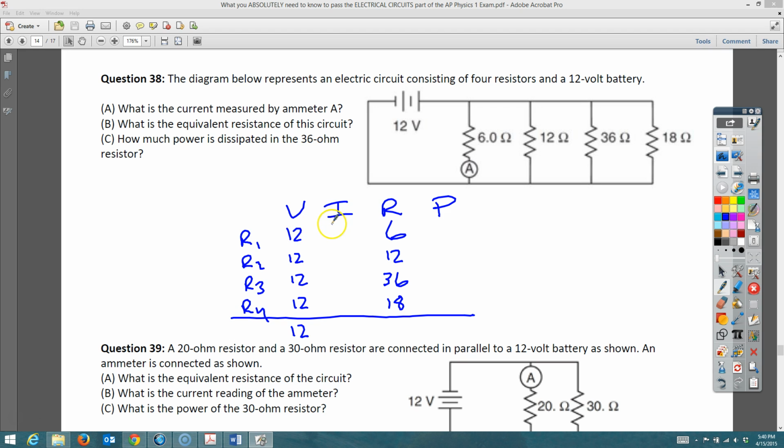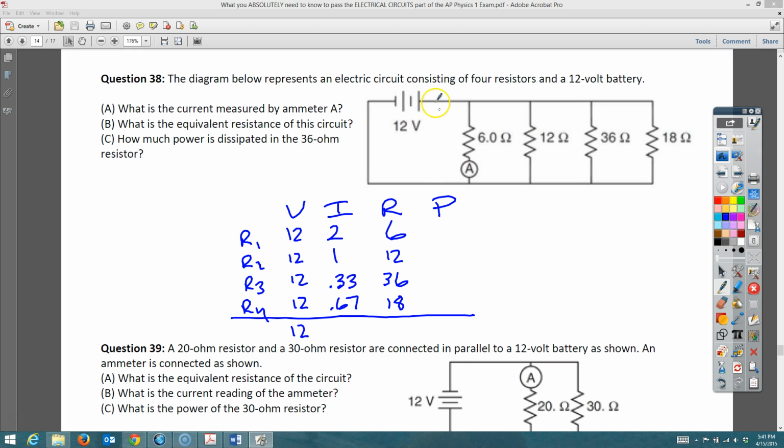So the current for the first one would be 12 divided by 6, and that should be 2. The next one is 12 divided by 12, and that one is simply just 1. 12 divided by 36 would give us 0.33, and 12 divided by 18 should give us 0.67.